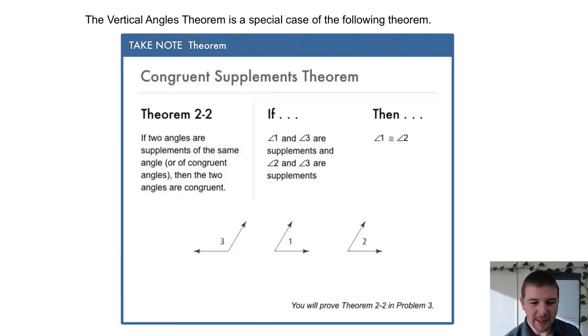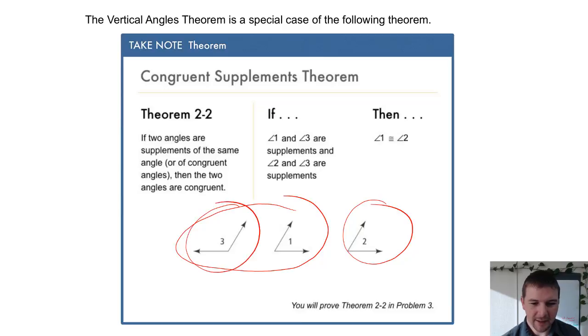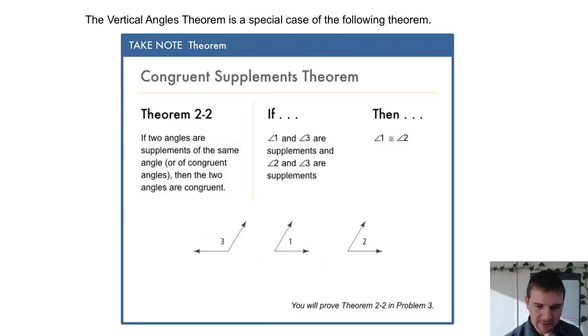Angles 1 and 3 are supplements, and angles 2 and 3 are supplements. That tells us that angle 1 and 2 are congruent. So this is very similar to the transitive property of congruence, but it's stating that if two angles are supplements of the same angle, so some third angle, then those two angles are congruent to one another.